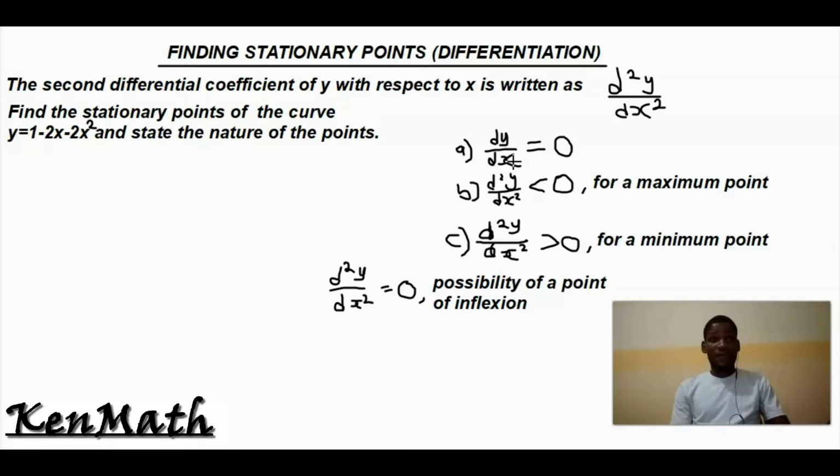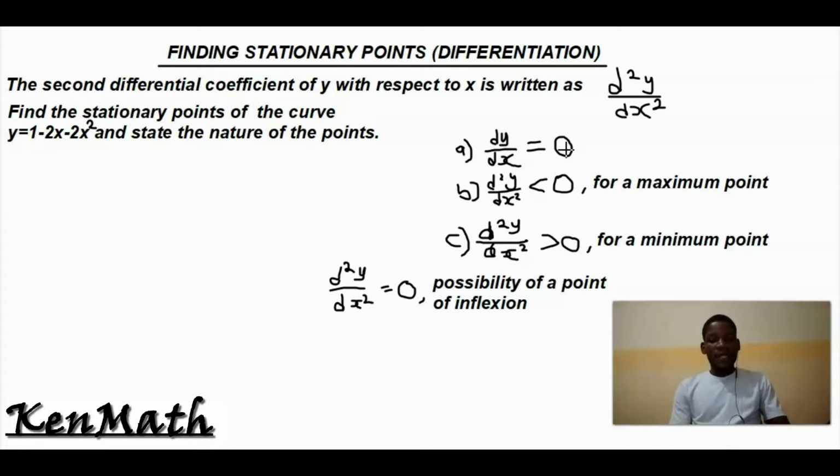That is the gradient of a tangent to the curve y is equal to a function of x. That's why for a stationary point, dy over dx is always equal to 0.